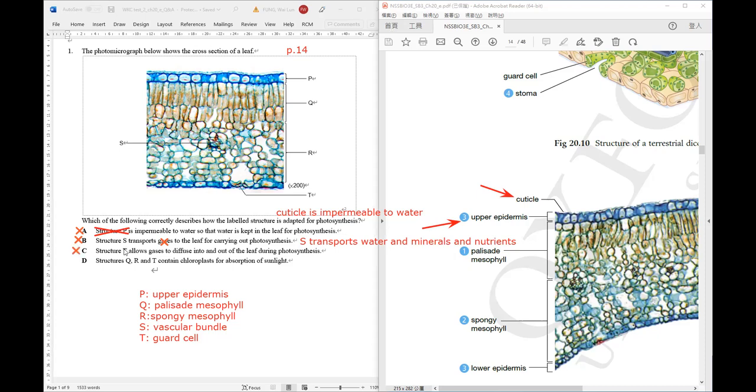C. Structure T allows gases to diffuse in and out. It's not the structure T that allows. It's the stoma, not guard cell.